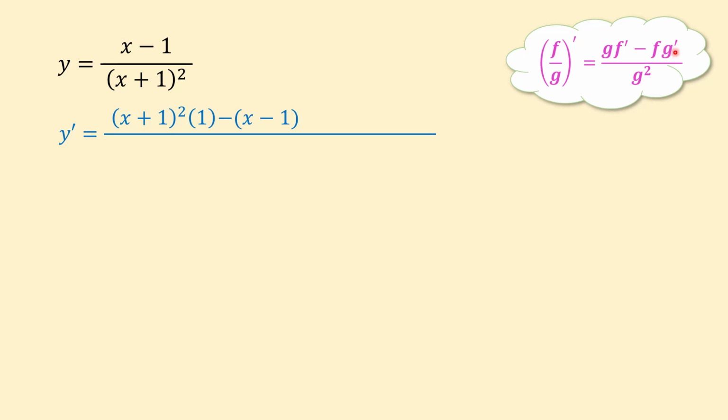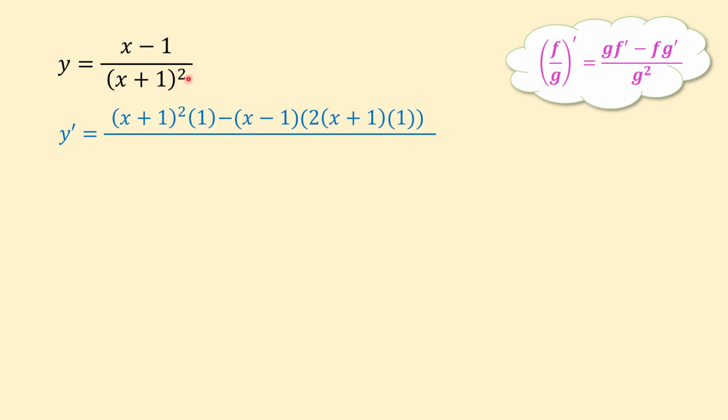of the bottom function. To find the derivative of the bottom function, we have to use the chain rule, because note that we have an outside function and an inside function. So we have to use the chain rule. And the derivative of the bottom function equals 2 times x plus 1 times 1.